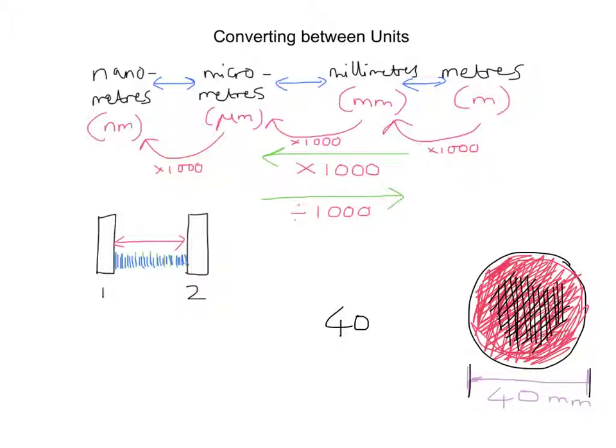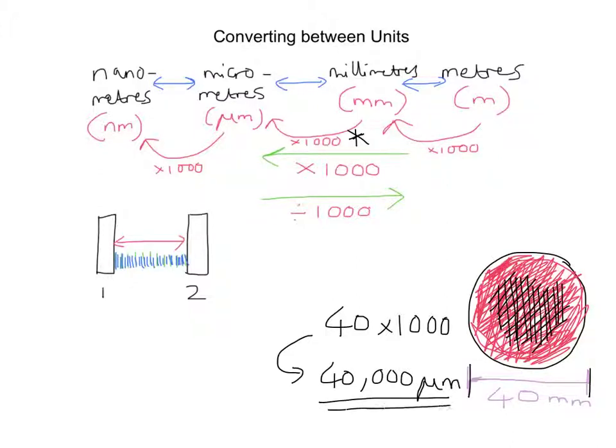And if I follow my rule of times by 1,000 if I'm going left, divide by 1,000 if I'm going right, I'm going to times this by 1,000. So 40 millimetres in micrometres becomes 40,000, and then you just need to put the units, micrometres.